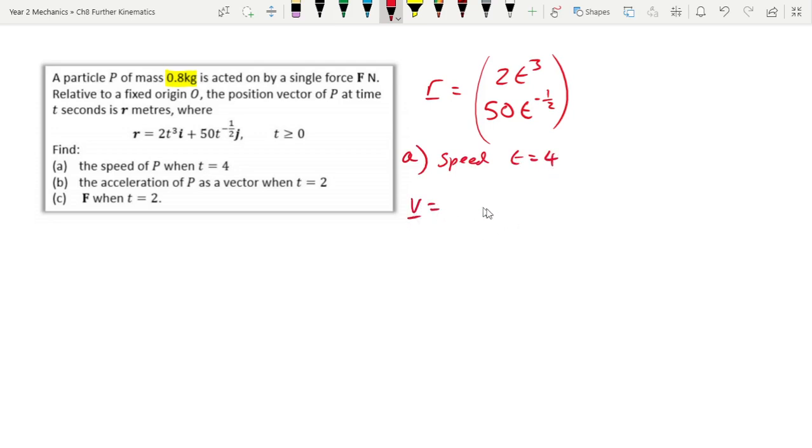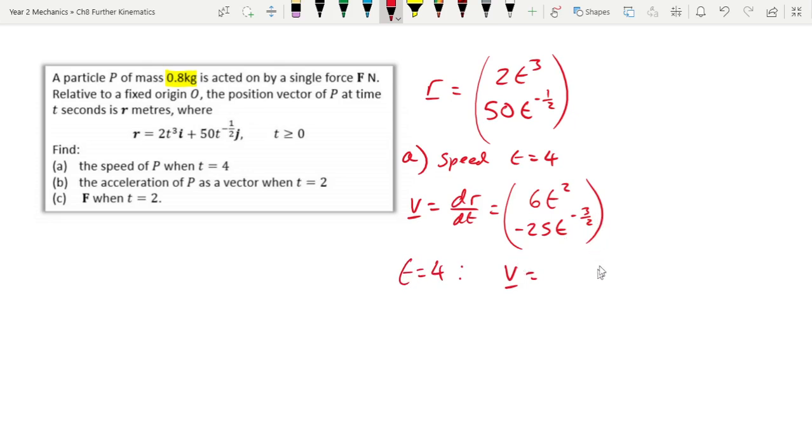So the velocity is the displacement differentiated, so dr by dt. So we need to differentiate this. I will get 6t squared, and then minus 25t to the minus 3 over 2. That's my velocity. And then when t is 4, I can just substitute that in.